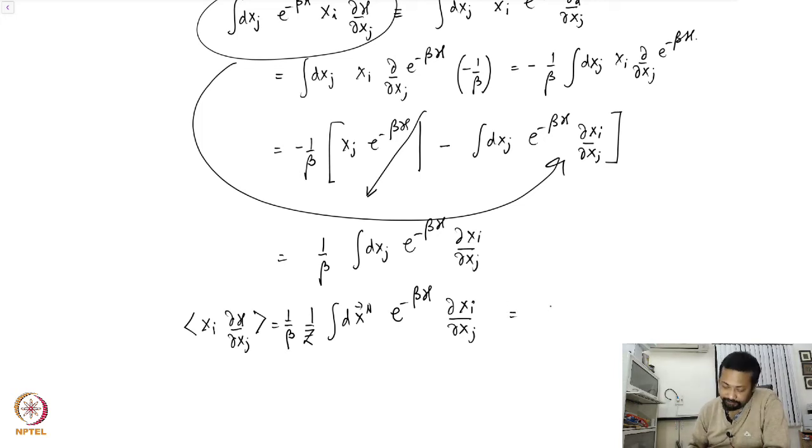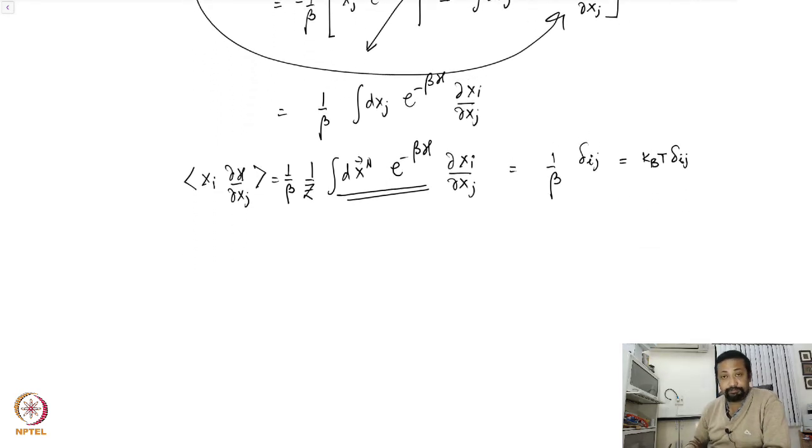Therefore this expression becomes 1 over beta. The del x_i del x_j is delta_ij, so we put a delta_ij, and then the rest of the expression is nothing but the partition function. So this becomes kBT times delta_ij. This would imply that the average of x_i del H del x_i is kBT.